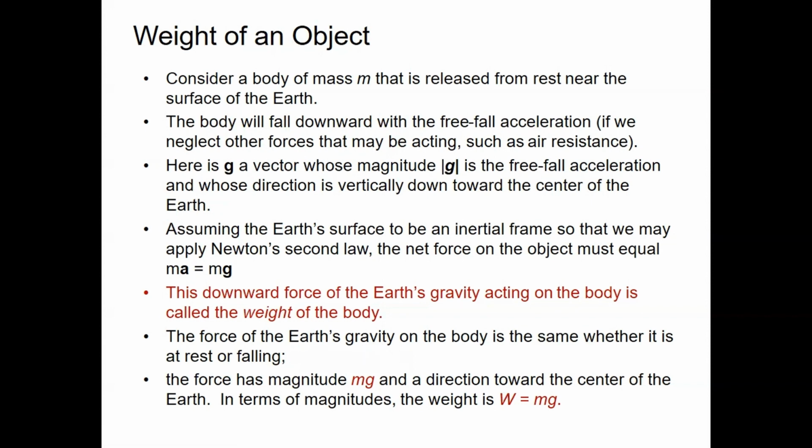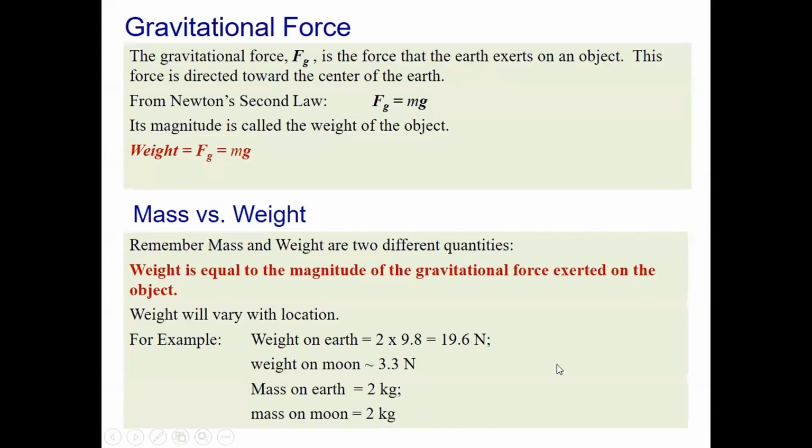The weight of the object must not be confused with the mass. The weight of the object is not mass. The weight of the object is basically a force, the downward force of Earth's gravity acting on a body. Physics makes it very clear that we must not mix the weight of the object with the mass.